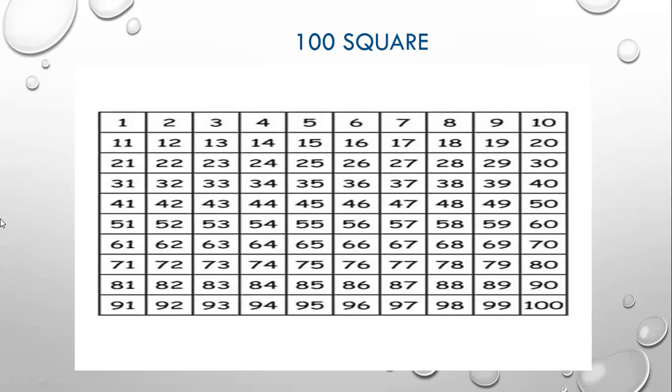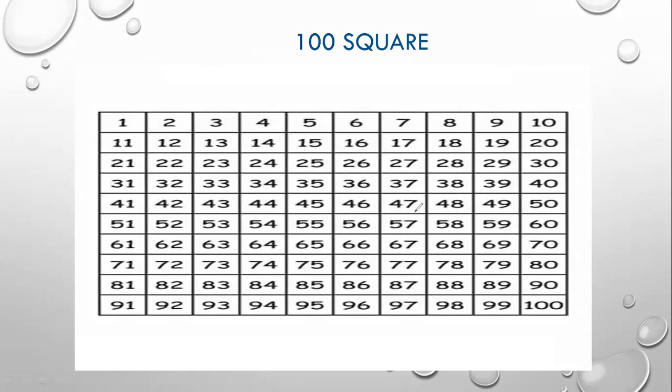So if you want to find 45, you can see here, you can count backward, you can count forward, upward, and downward.